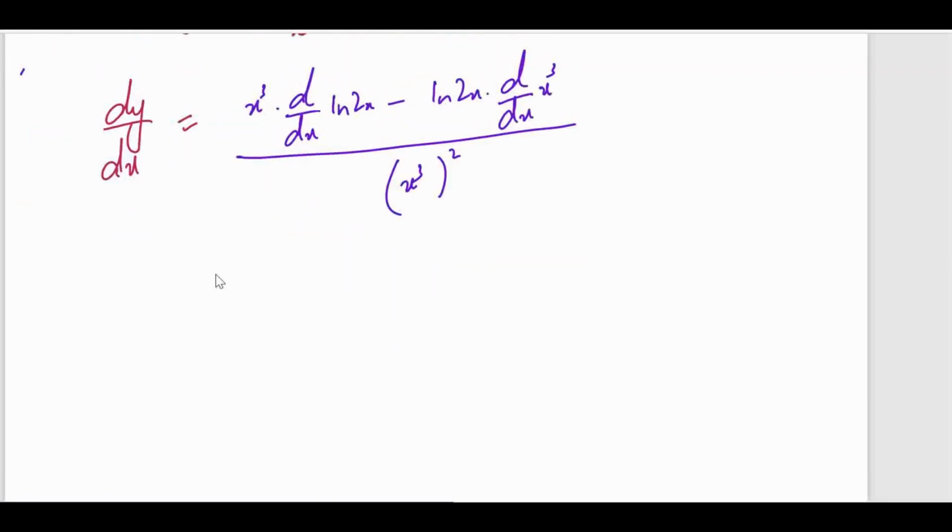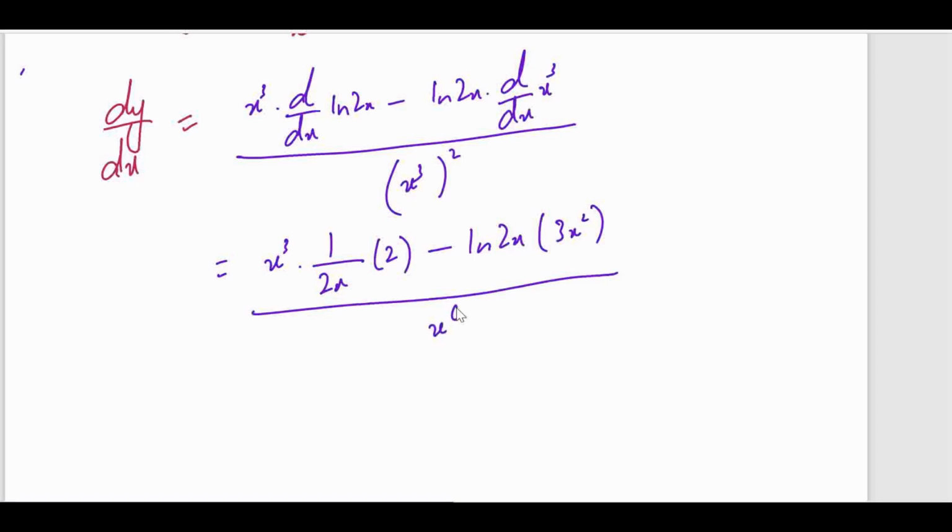Now if we simplify it, this will be x cube into 1 by 2x into, if we take the internal derivative, 2, minus natural log of 2x into 3x square, whole divided by x power 6. Now we can cancel out these two, we can cancel out this one as well.